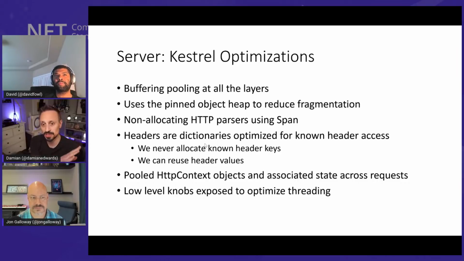And as part of doing so, we worked with the networking team to make improvements there. You're talking about buffering and pooling and pinned object heaps and Span. The structures to do the buffering and pooling used to be custom in Kestrel, if I remember. And then a lot of that learning was taken, or they built better ones and we used theirs instead.